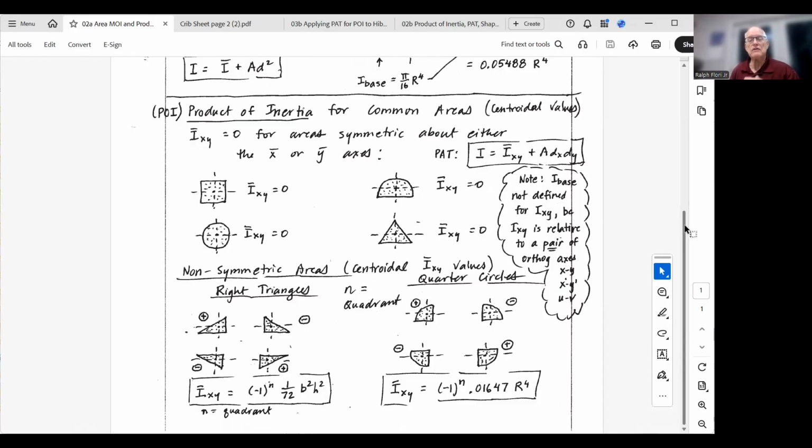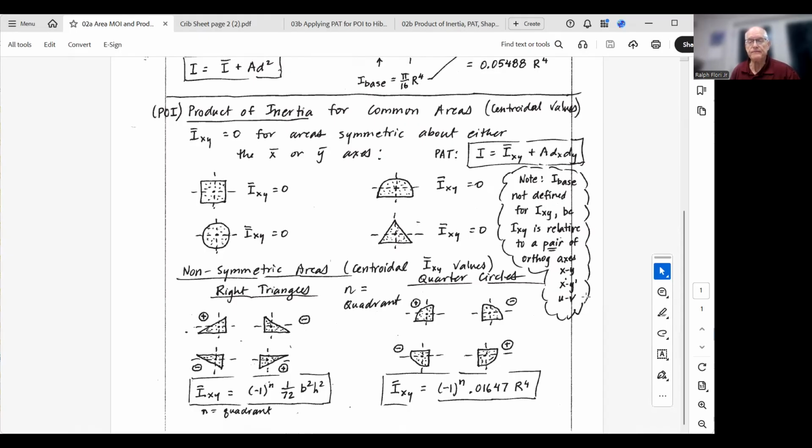The good news for the parallel axis theorem for product of inertia is that the I bar for symmetric areas like a square, a rectangle, a circle, a half circle, a triangle that's symmetric, all of those I bars are zero. So some of these problems simplify somewhat because the I bar term is zero, and then you're just left with an A dx dy term.